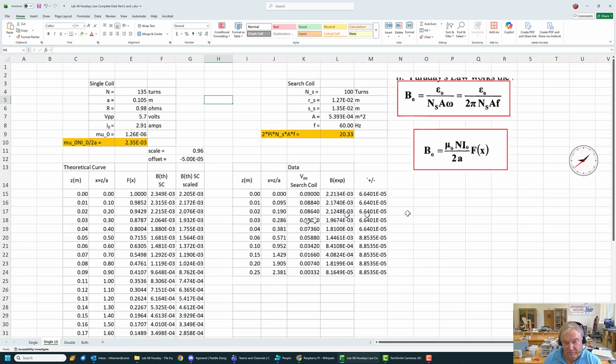Okay, so these are the Z measurements. Then I convert it into X, and then that's X divided by the radius. And done that over here.